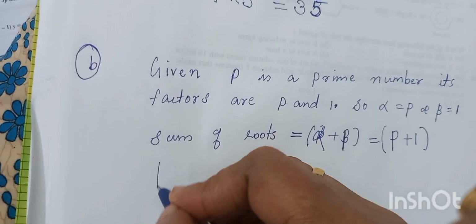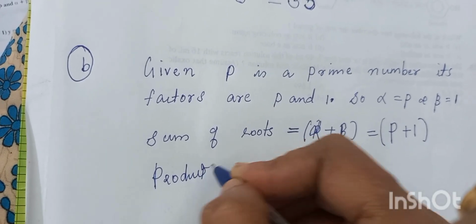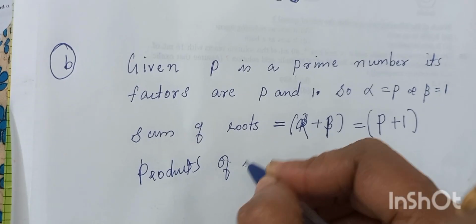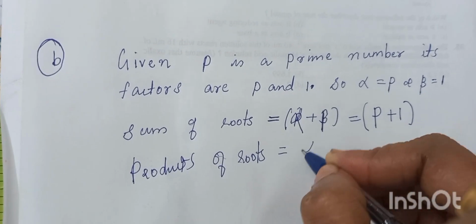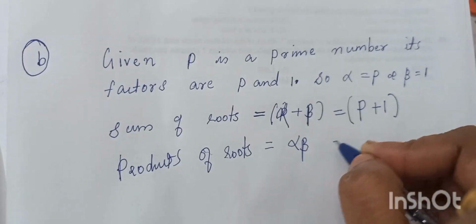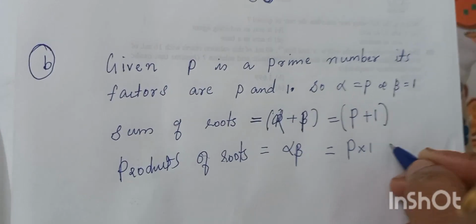Then product of roots is equal to alpha beta. Alpha beta is equal to p into 1, which is equal to p.